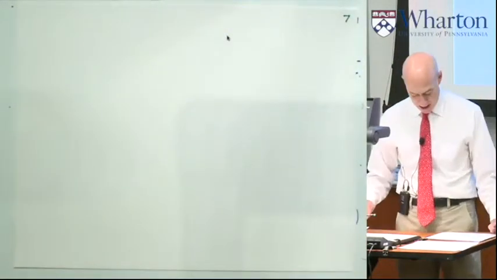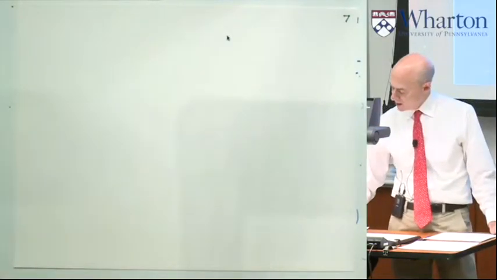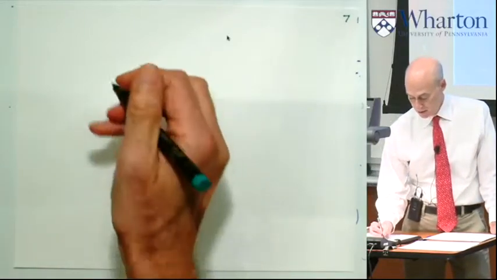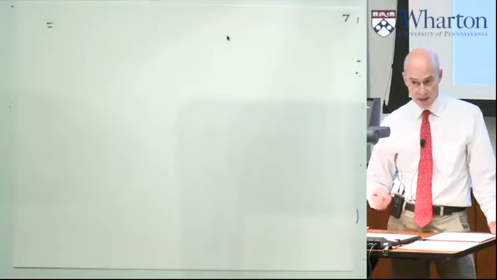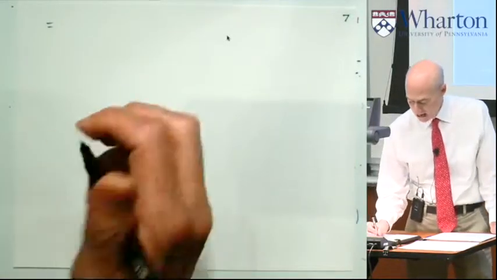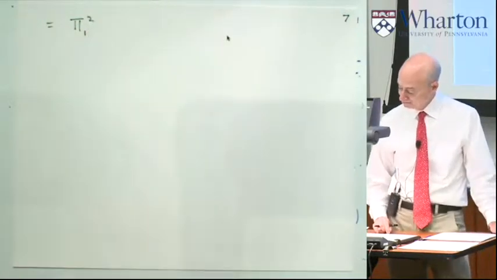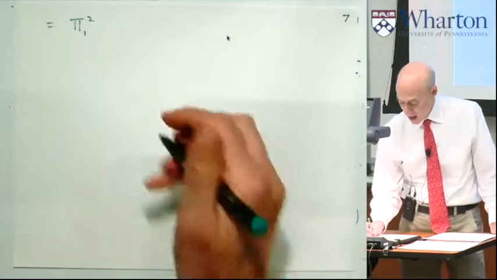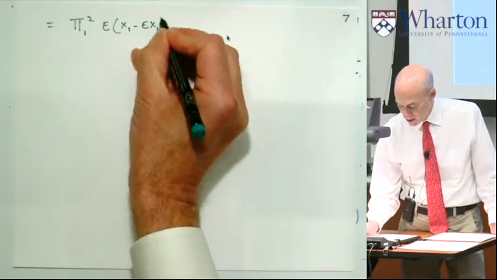So if we multiply these first two terms together, what do we get? Well, we get pi 1 times pi 1. That gives us pi 1 squared. We can take it outside of the expectation because it's a constant. And then we get the expectation of (x1 minus EX1) squared.